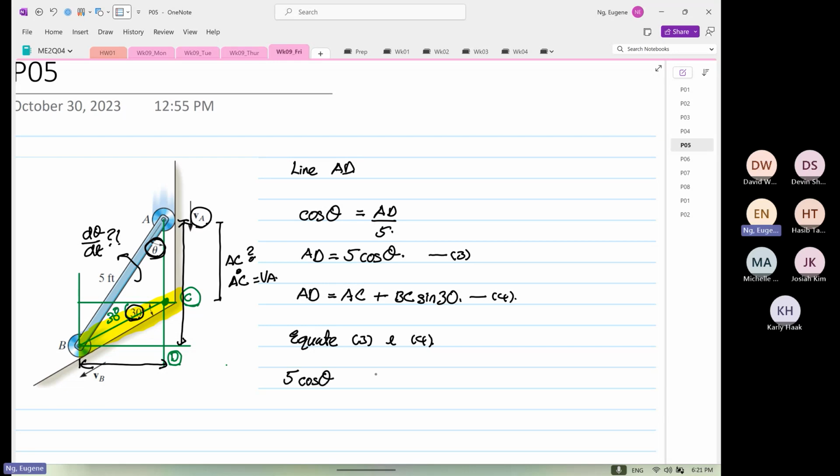5 cos theta is equal to AC plus BC sine 30.